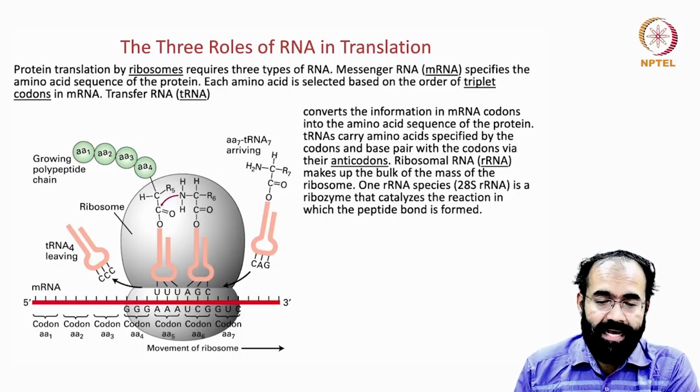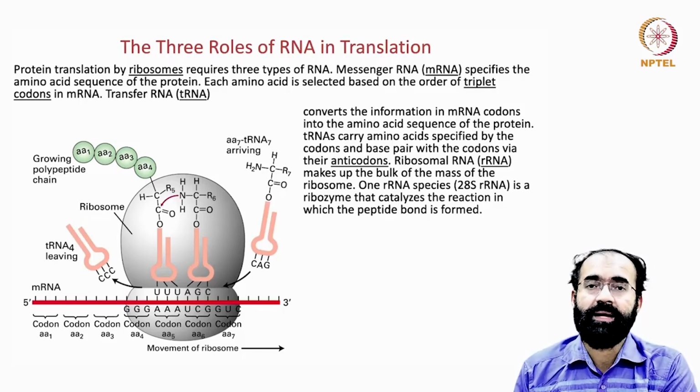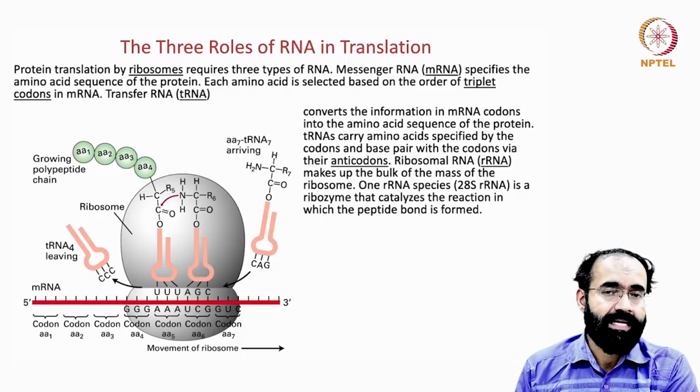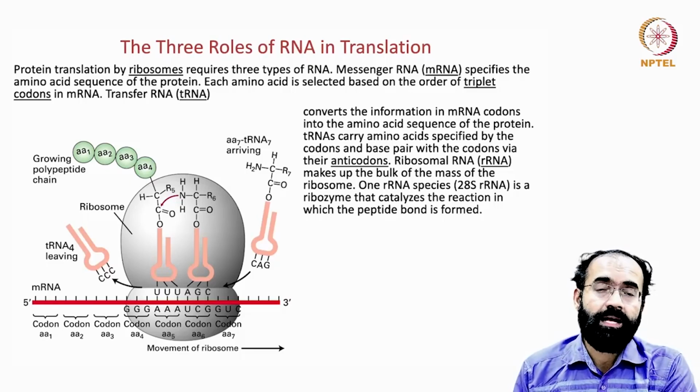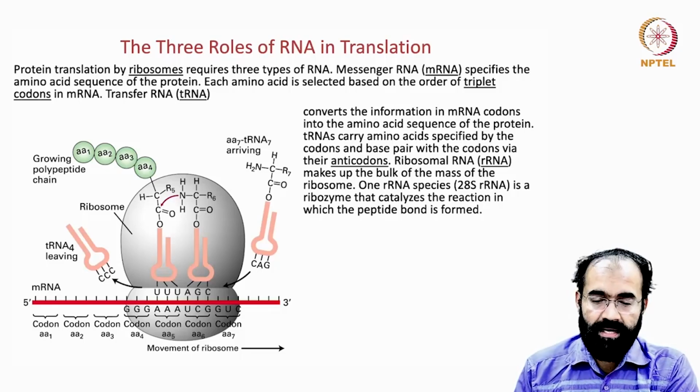tRNAs carry amino acids specified by the codons, and base pair with the codons via their anticodons. The anticodon is another set of 3 bases which is complementary to the codon. The anticodon is present on the tRNA, and the codons are present on the mRNA. So the anticodons and codons pair, and that will deliver one amino acid.